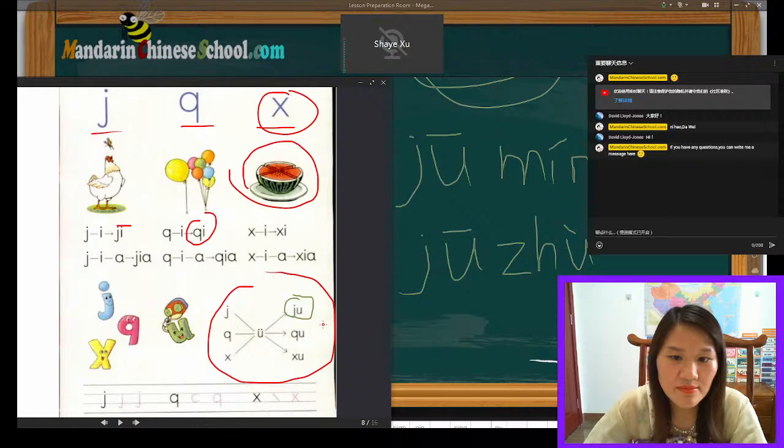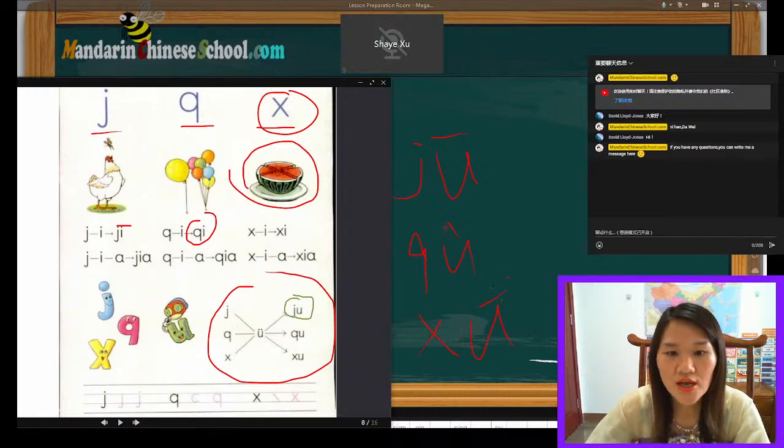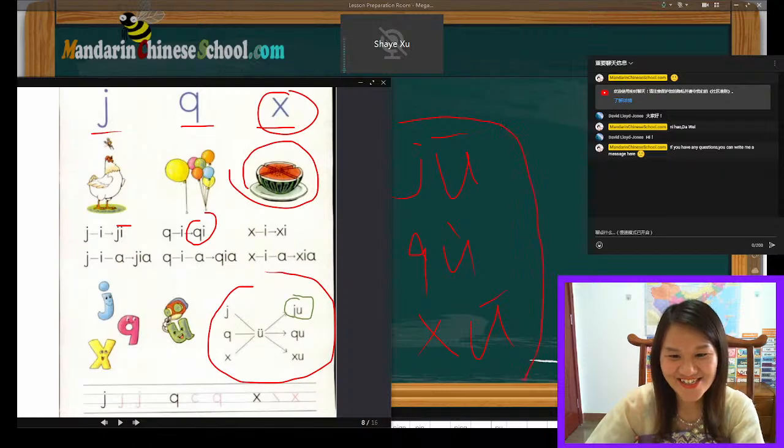So remember, every time when you see this one in Chinese, no matter with which tone, you need to pronounce the ü sound, like 居、去、许, right? 居、去、许。这几个是不是很难？Are these three words hard to pronounce?